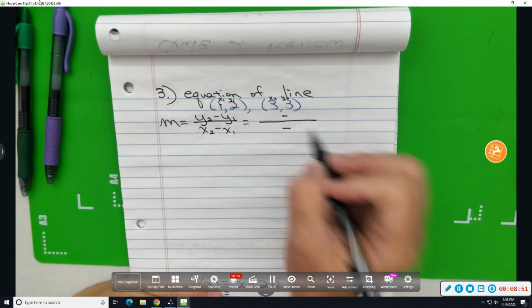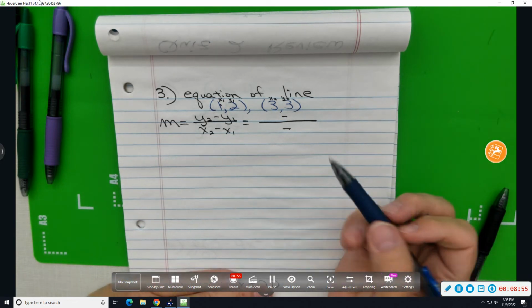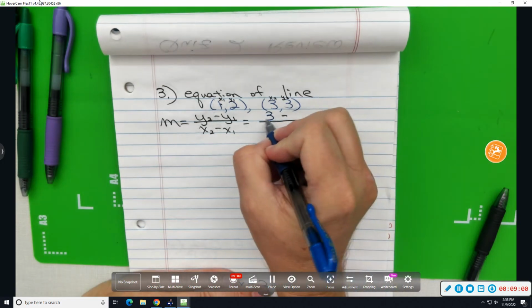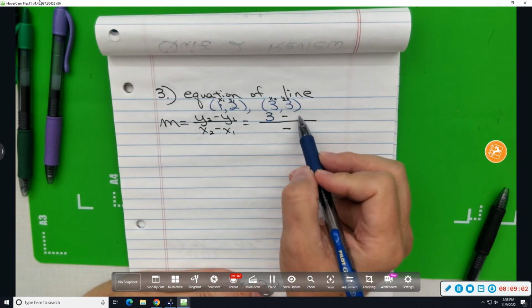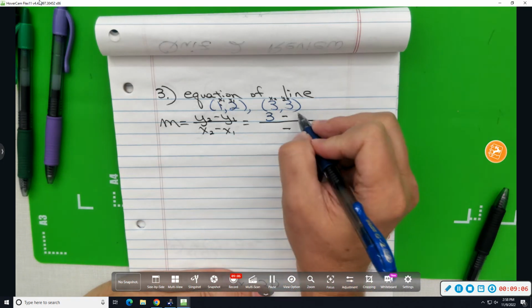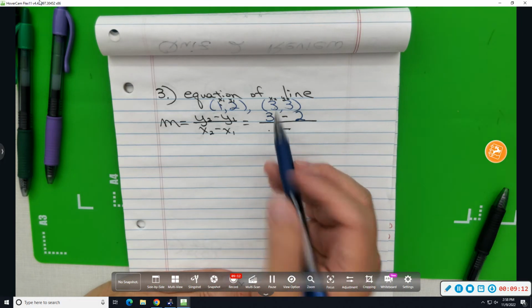So we're using the slope formula to find the slope of the line. y2, that's 3. What's y1? The first y they gave us was 2, I agree. What's going to go here? x2. Yeah, it's that first 3 there.